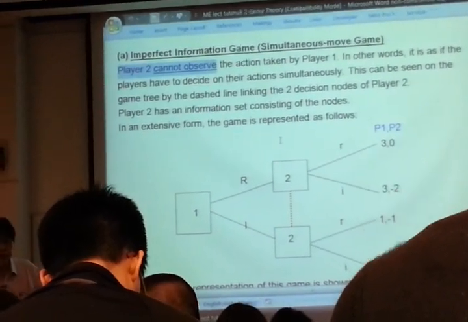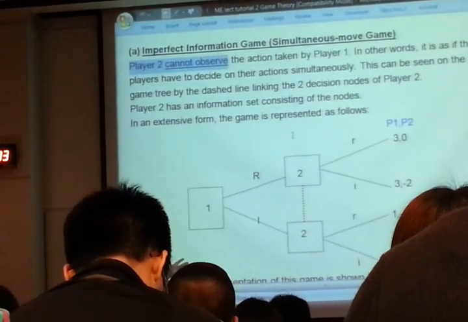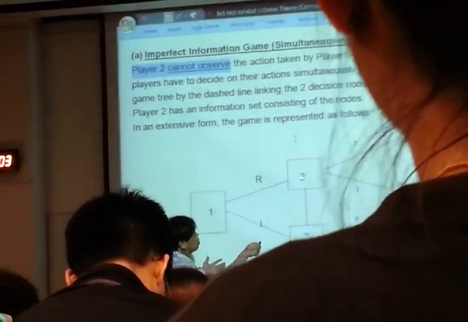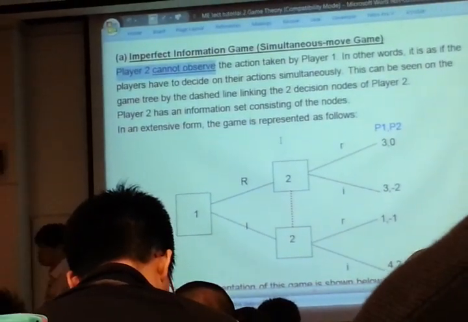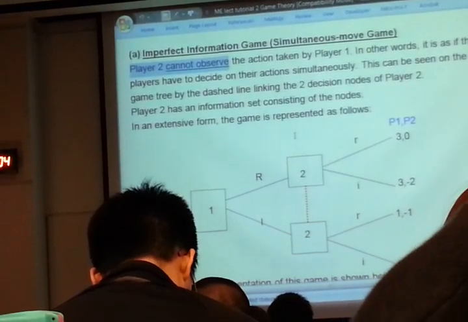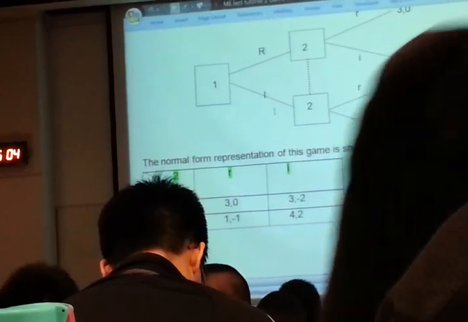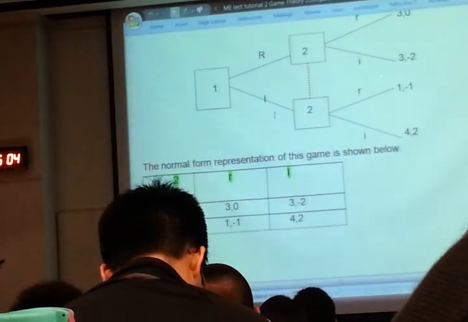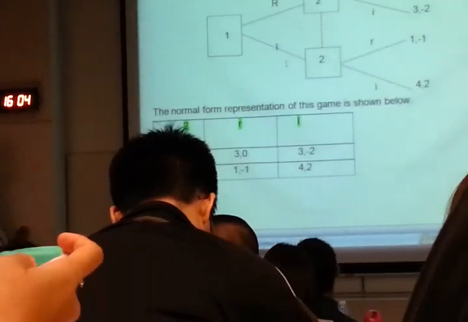So therefore, if there's no perfect information, every player cannot see what each other do. And the very best player two can be what? Either play this or play this. Cannot make any plan. And so that's why you can see the strategies available to player two is either to play this or play this. Only two strategies.